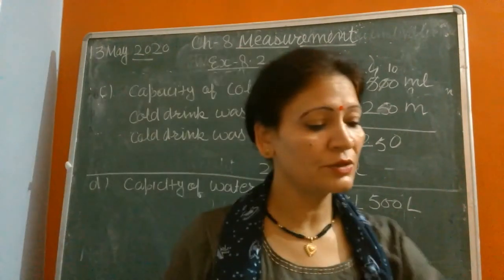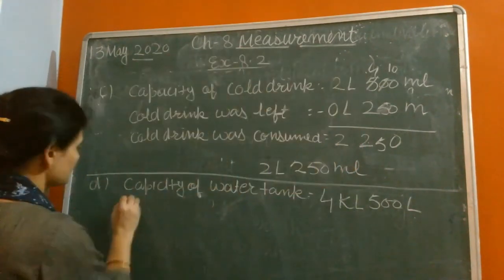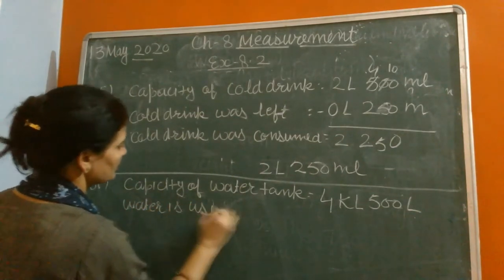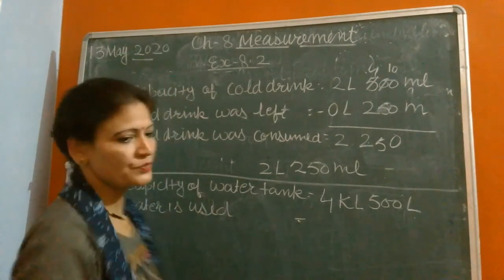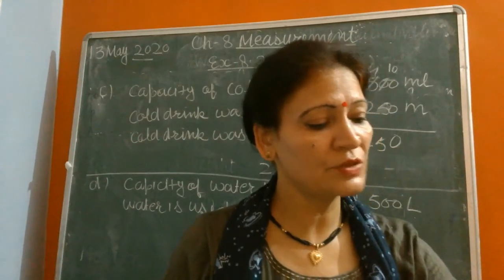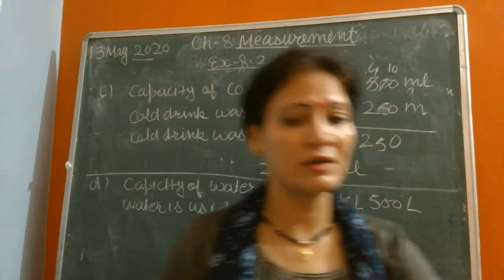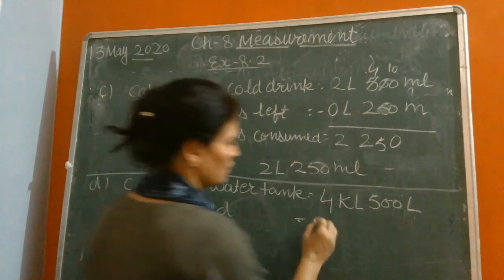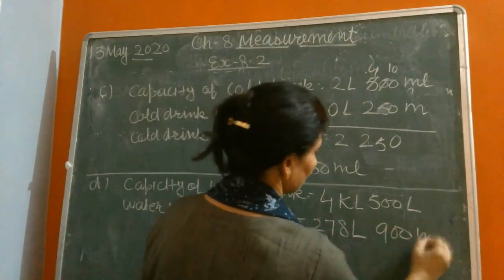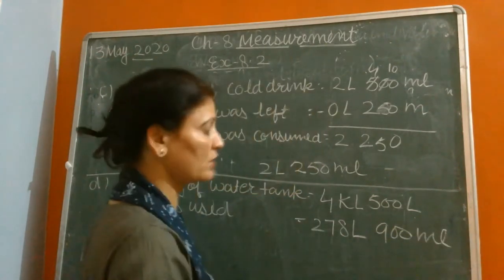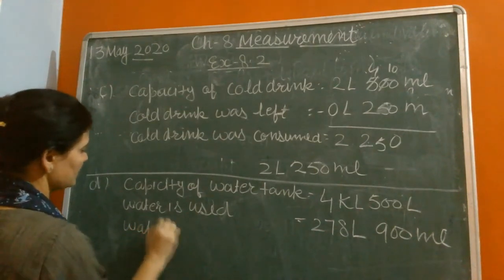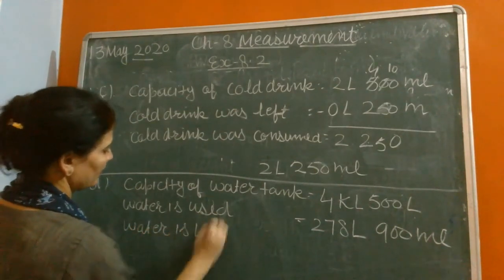Water is used 278 liter 900 milliliter. And how much water is left in the tank?